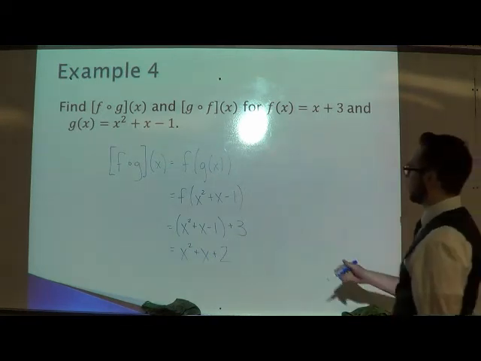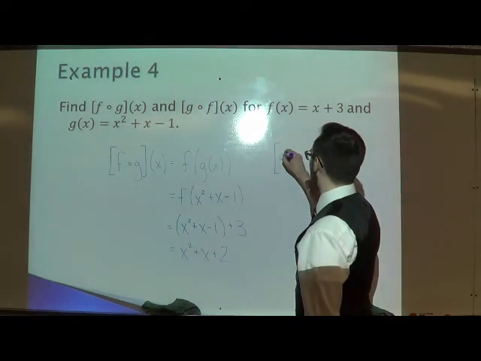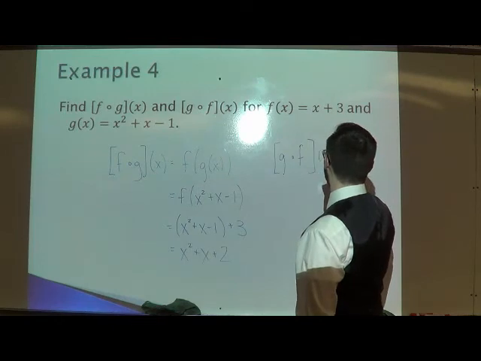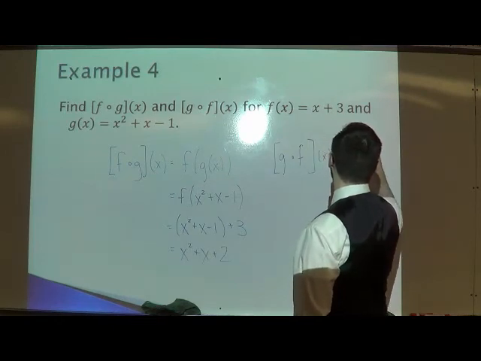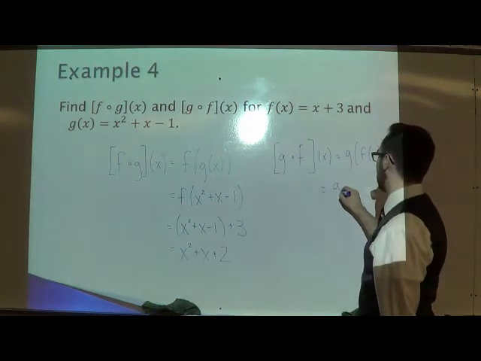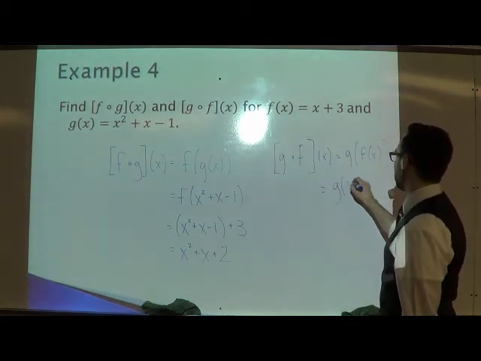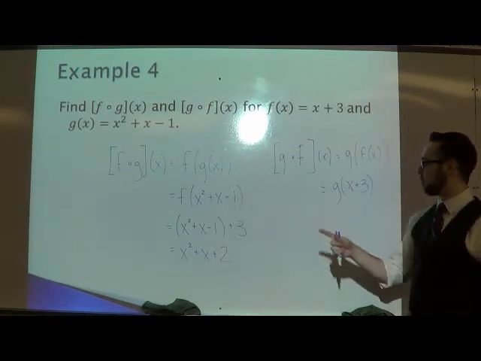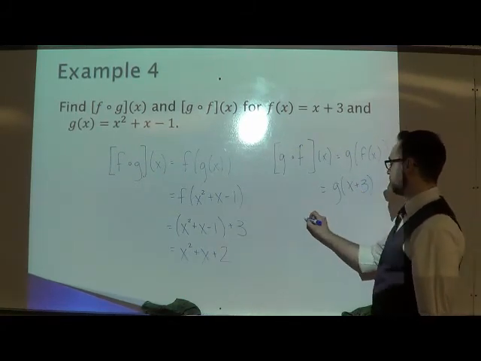Let's go the other direction. If I have g of f of x, remember this is really saying g of f of x. I want to work from the inside out, so replace the f. G stays out here, so it's x plus 3. And that's telling me everywhere there's an x in G, I'm replacing it with the quantity x plus 3.